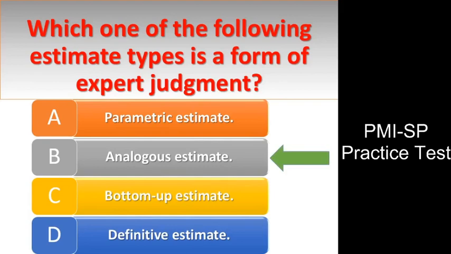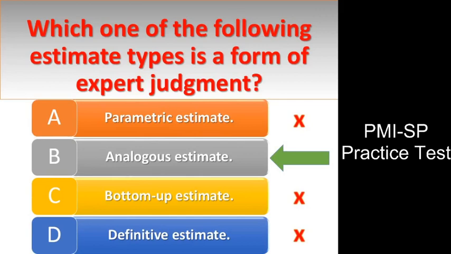Answer B. Explanation. An analogous estimate is a form of expert judgment because it relies on historical information, assuming that it is accurate to the expert that created the historical information. Answer option C is incorrect. The bottom-up estimate creates an activity duration estimate for each work package in the WBS. Answer option A is incorrect.